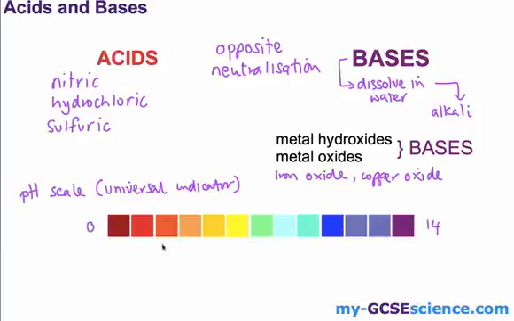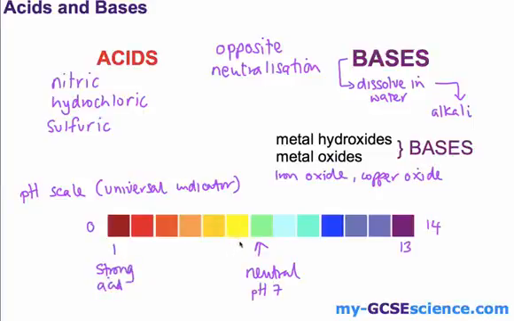I've actually just done 1 to 13 here, and right in the middle there we have what's called neutral, and neutral has a pH of 7. Down the end here this would be pH 1, this would be pH 13 over here, and at the end of pH 1 this is a strong acid.